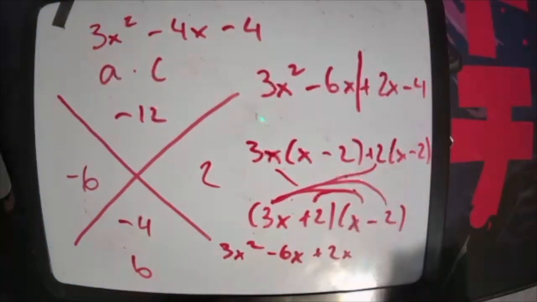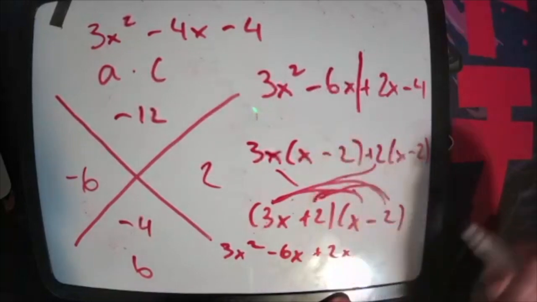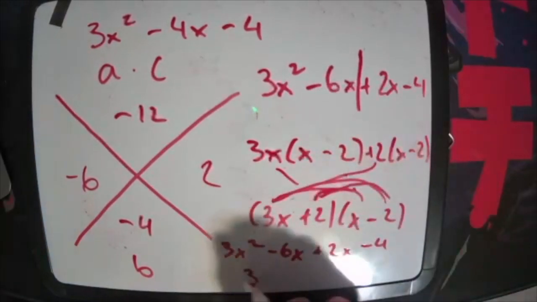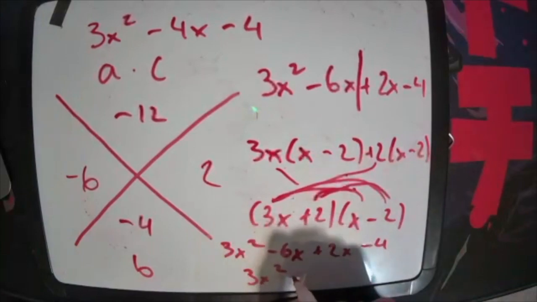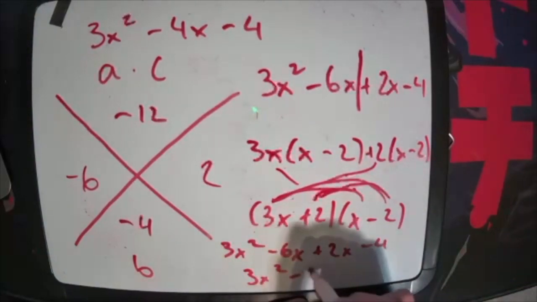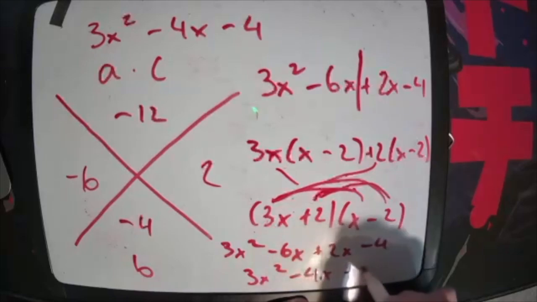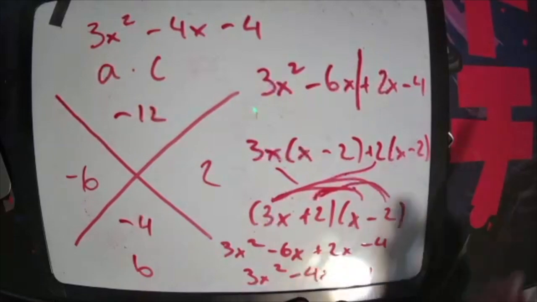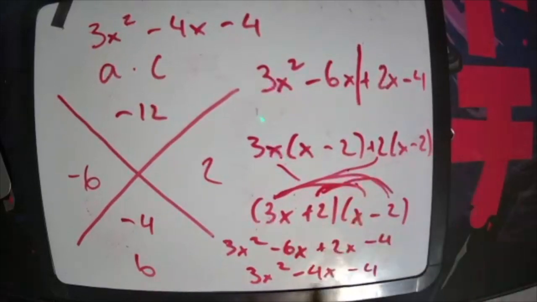And finally, 2 times negative 2, which is last, we have negative 4. We simplify that: 3x squared minus 4x minus 4. Oh, there's a little glare. Yeah, there you go. 3x squared minus 4x minus 4. So we got the same for each one.